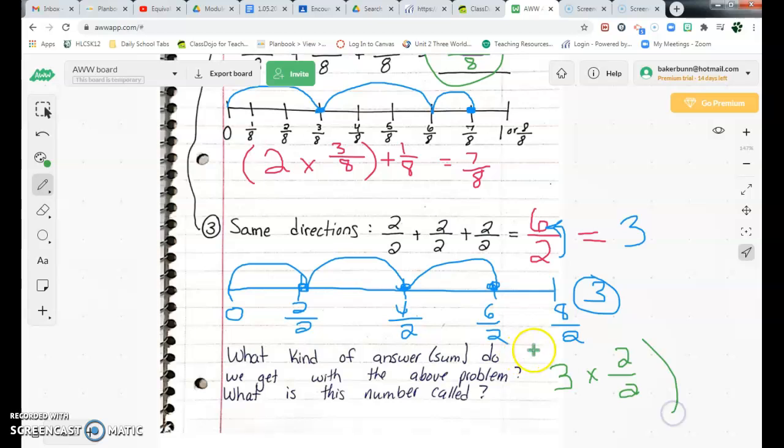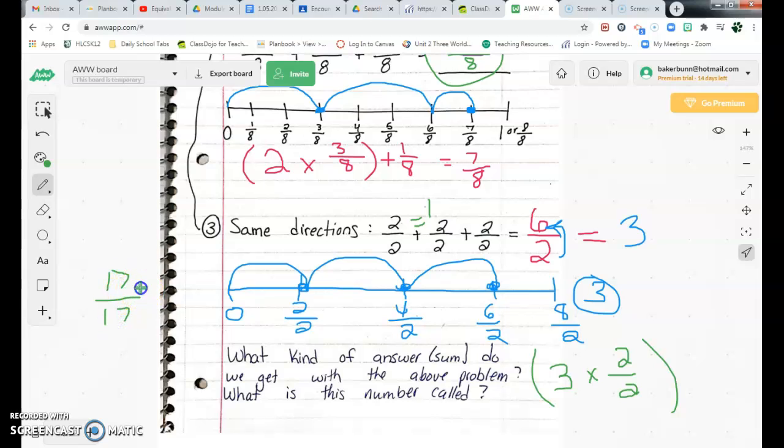Put that in parentheses. Now, there's a couple of things with this particular problem that I want you to take note of. Whenever I have a numerator and denominator that's the same, it's called a unit fraction, which means anytime I have the top and bottom numbers the same, it's always going to be equal to 1. So if I had, for example, let's say I had 17 over 17.